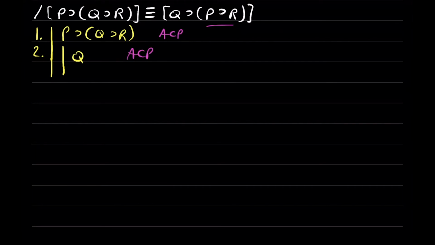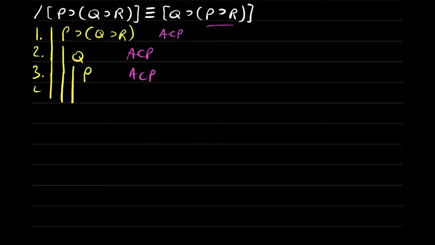That itself is another conditional, so I'm going to start yet another conditional proof sequence. So on line 3, I'm now inside of three indented sequences. I'm going to assume P. And if I can get R inside all three of these indented lines, I can close off these conditional proof sequences, the two inner ones that I started, and get that Q implies that P implies R. So this is ACP again, another assumption for conditional proof.